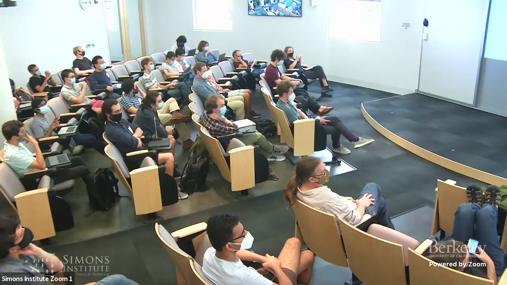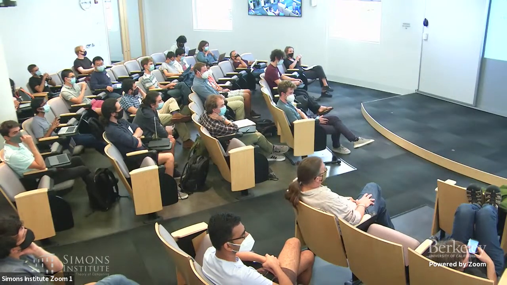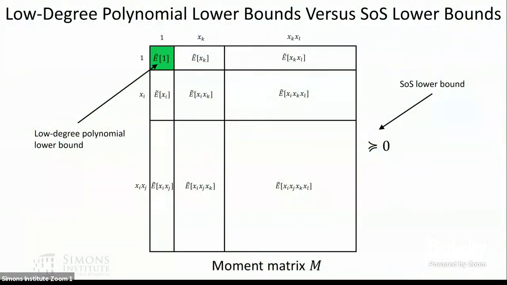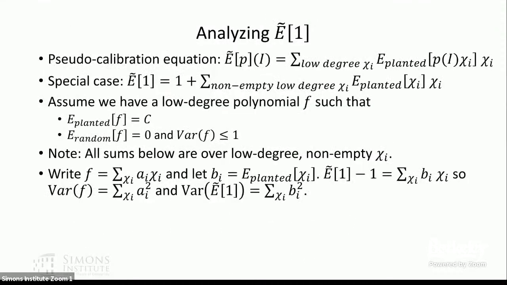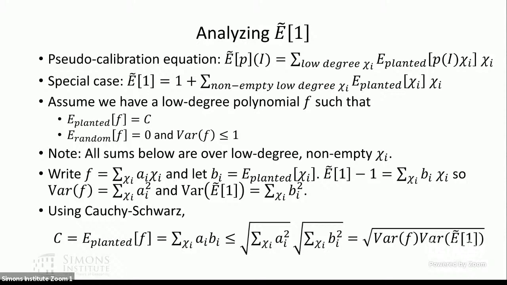Is it easy to see that's the special case, the pseudo-expectation of one? Oh, previous slide, sorry. Yeah, is it easy to see the second line? Yes, that is the pseudo-expectation.